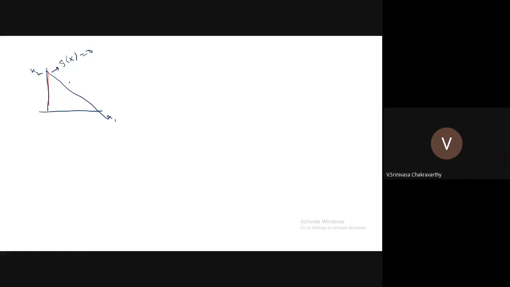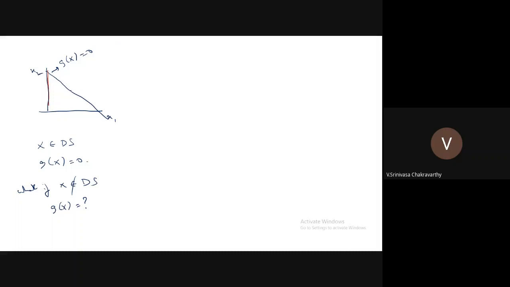So we know that if x is on the decision surface, g of x is equal to 0. But what if x is not on the decision surface? What happens to g of x? This is what we'd like to answer.